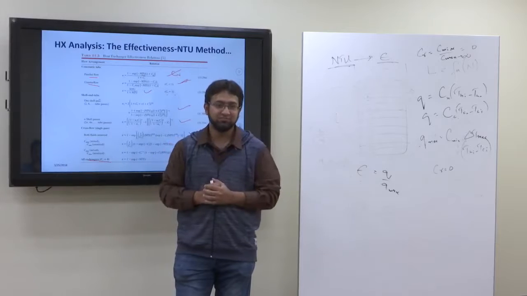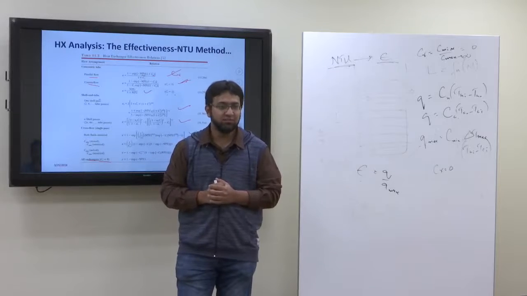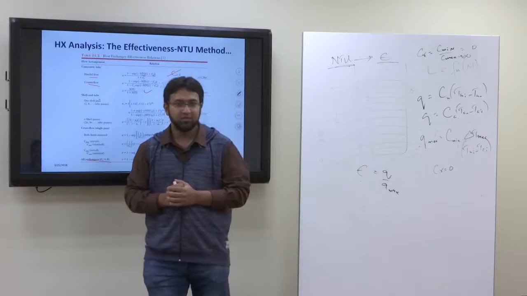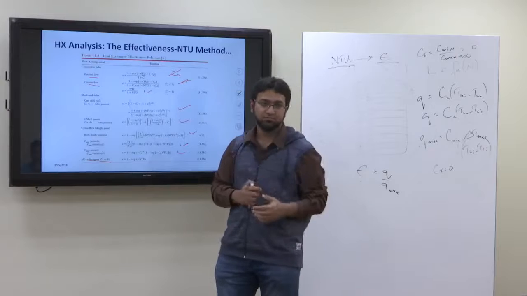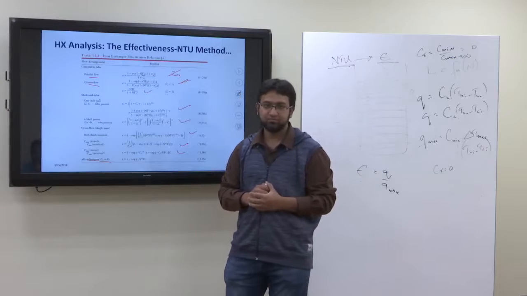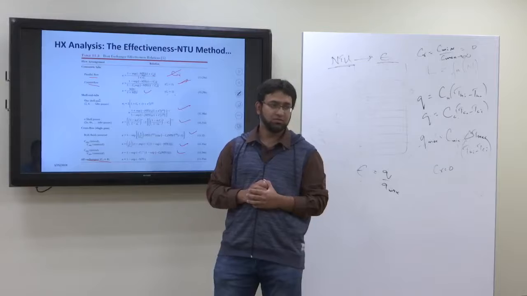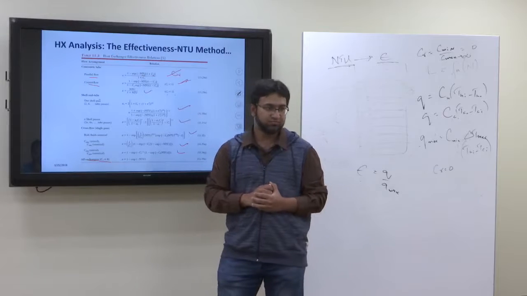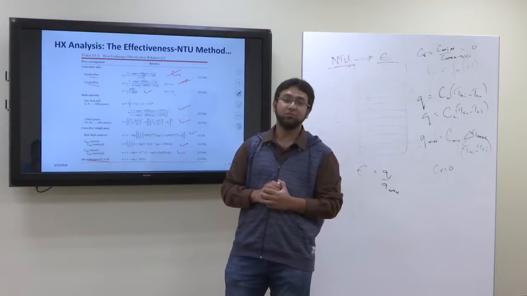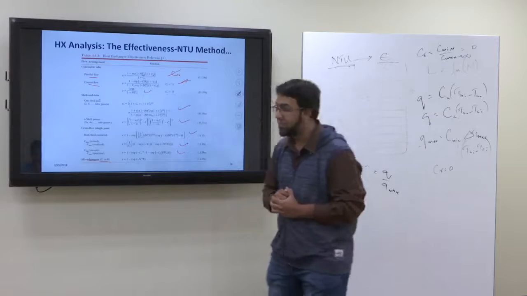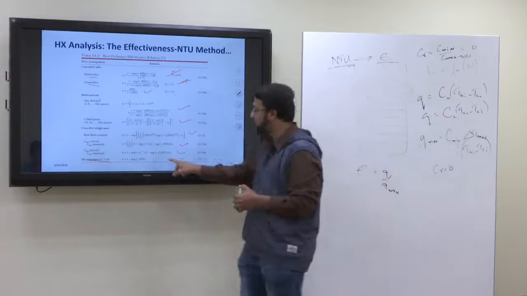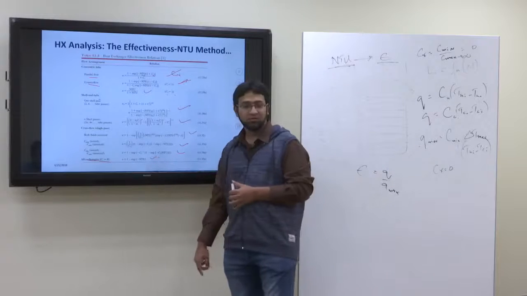When condensation and evaporation are occurring, the heat capacity is considered to have gone infinite. Why? It's too much compared to the regular flows, because now the latent heat is involved. It's not the sensible heat. So for the case of condensation and evaporation, this is the formula.